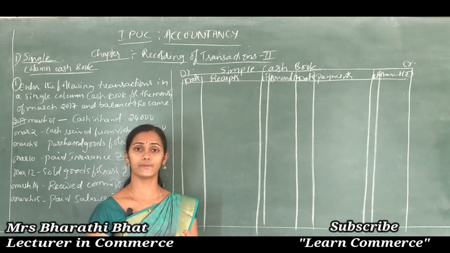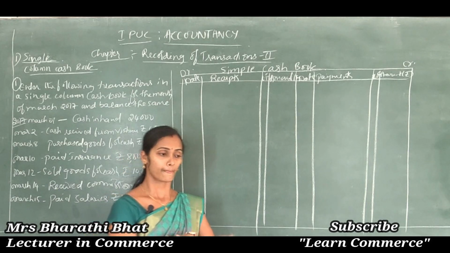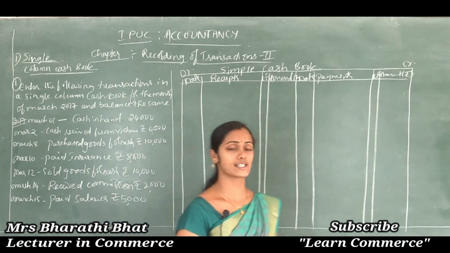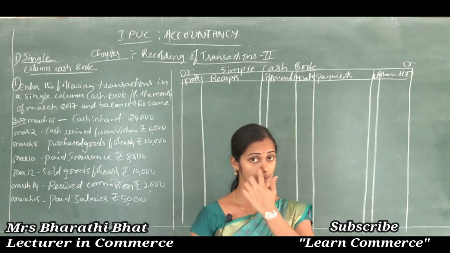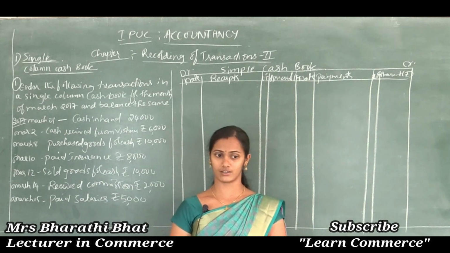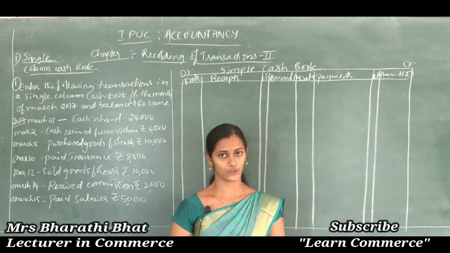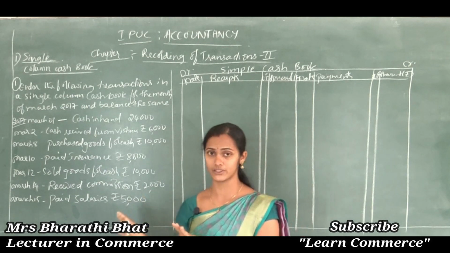So only simple column, double column, and petty cash book. All these are very simple. Simple column cash book and petty cash book come for 6 marks, and double column comes as a 12 mark question. So let's move to solve the simple column cash book.